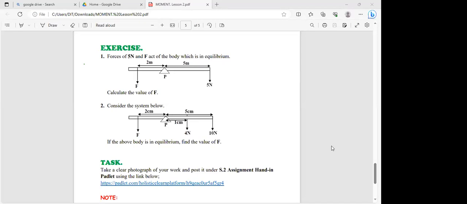So we can't add those two because one has F, the other is a constant. Okay, let us try those two questions. We have two questions in the chat. In all questions, they want us to find the value of F. So you try them out first, then we continue and see.